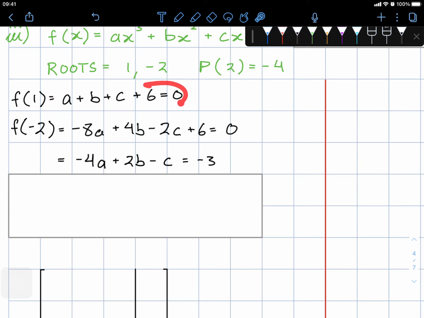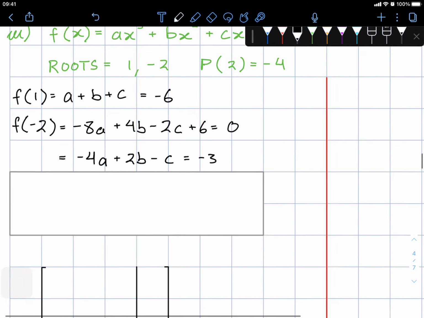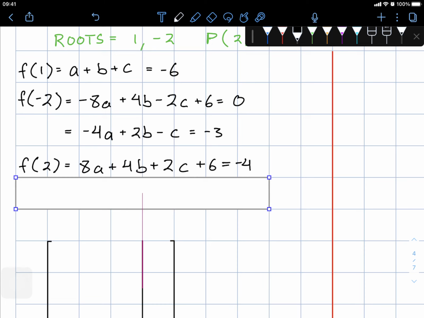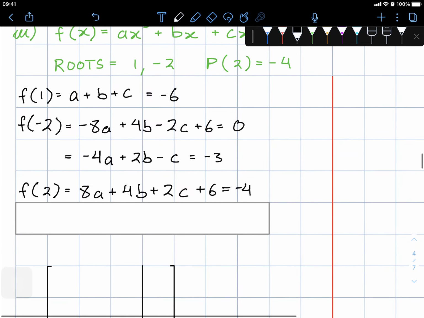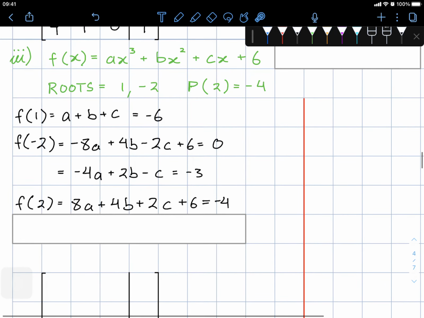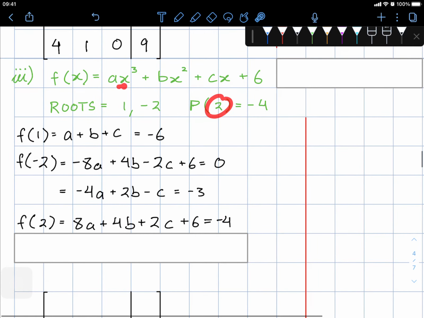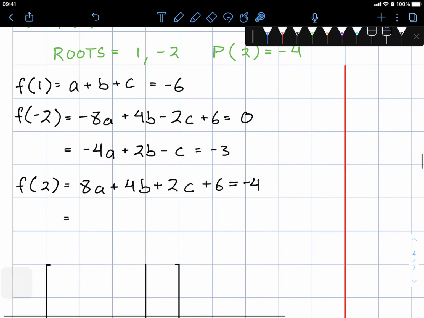As for this one as well, I'm going to move that 6 to the other side. It will give us -6. And we'll do the exact same thing for this one here. Take a look. When we substitute 2 into the polynomial, it should be equal to -4. And likewise with this, I'm going to simplify this, halving everything.